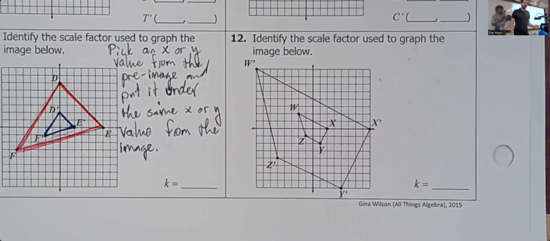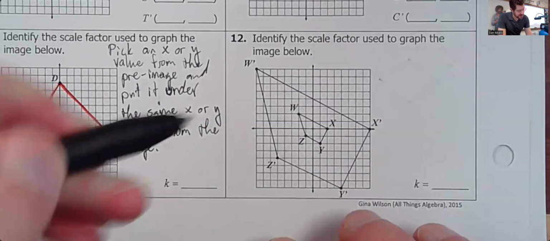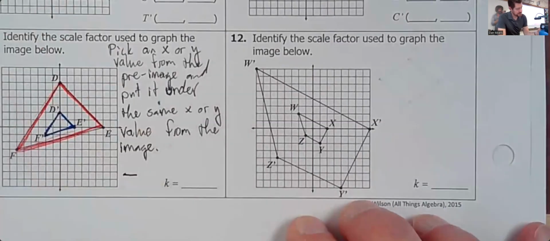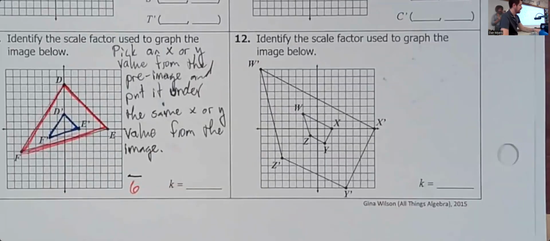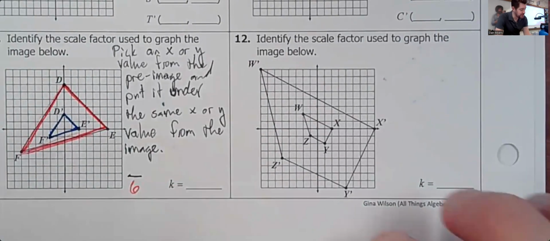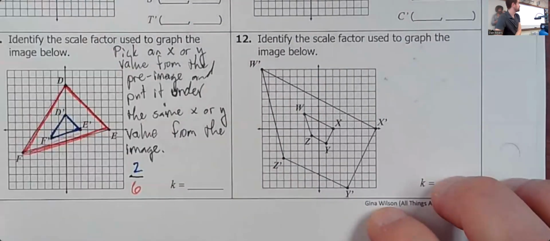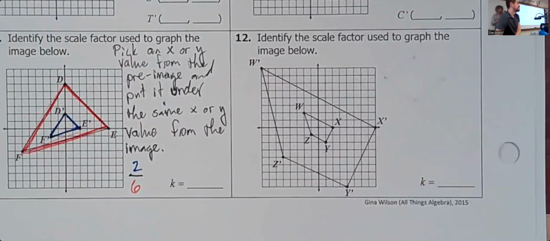So we're going to put that underneath a value, the same value. So we're going to go 6 underneath. And then the x value from E prime is at 1, 2.